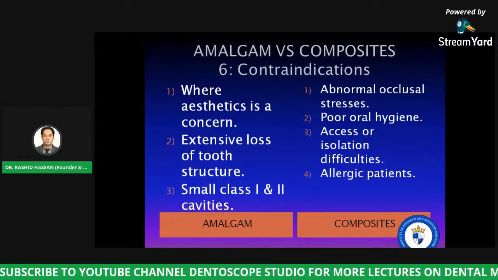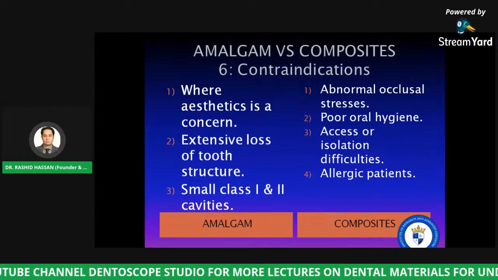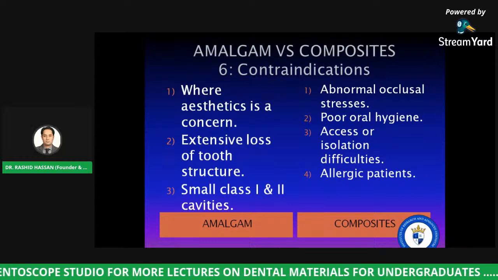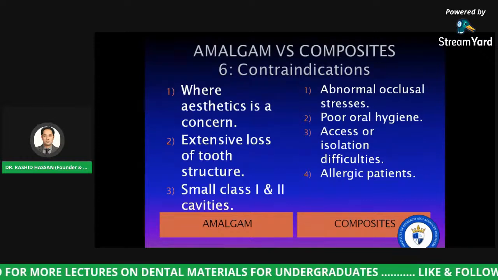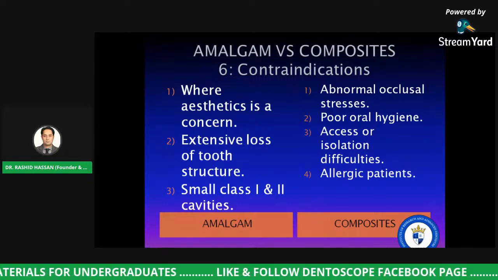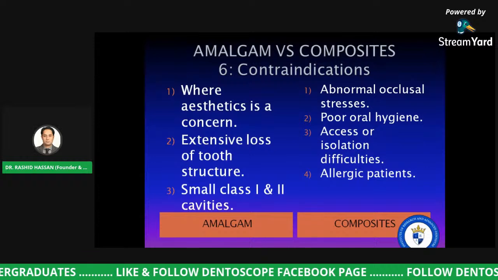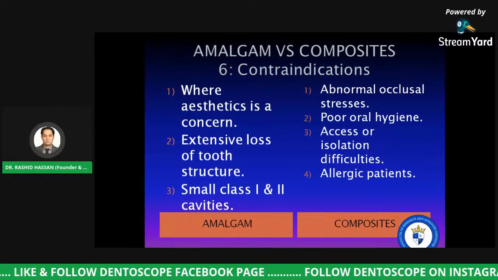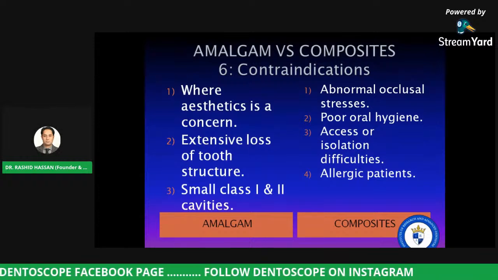Secondly, poor oral hygiene. If the patient has poor oral hygiene, he is not at all suitable for any dental treatment, any restorative treatment, especially dental composite, because dental composite is basically used for aesthetic reasons, right?